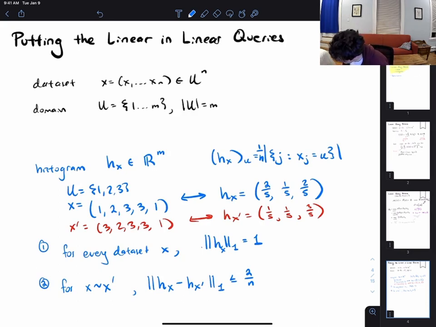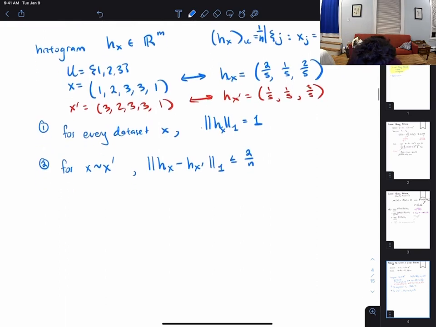All right, so lastly, we can talk about queries in this language. Given queries f1 through fk, which are defined by these phi1 through phik, we can write a matrix.